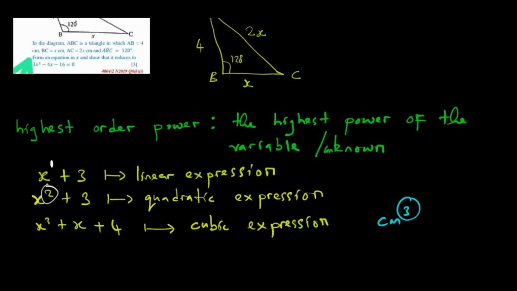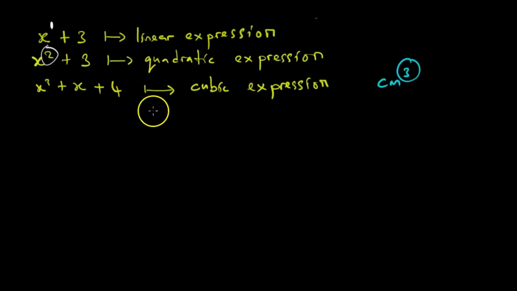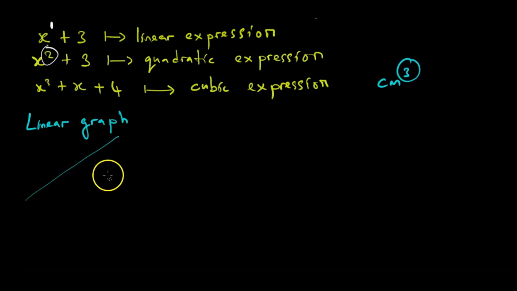If we want to look at the graphs of these three forms, these types of expressions, we look at the linear graph. A graph that comes from a linear expression is simply a line. We are going to do linear programming. We are also going to look at the generalized equation of a line, y is equal to mx plus c.